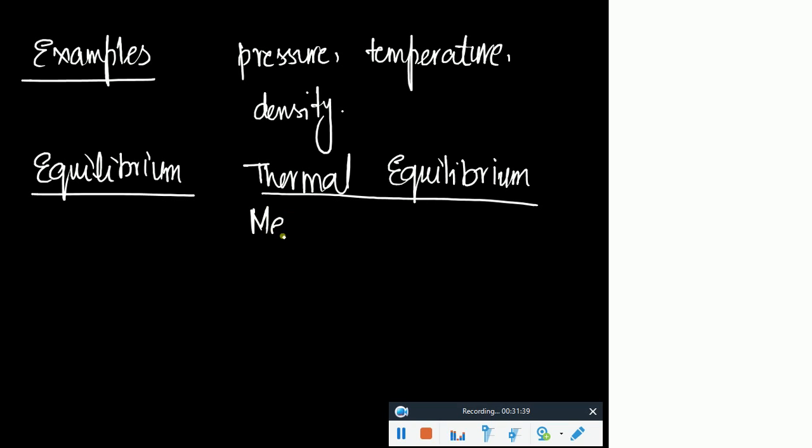Okay? So similarly, you would talk about a few other types of equilibrium. That is mechanical. Obviously, mechanical equilibrium is related to forces and torques. And then this is phase equilibrium. You might have been looking at those vapors coming out of some fluid vessel, and then you would see that some vapors would be going inside as well.